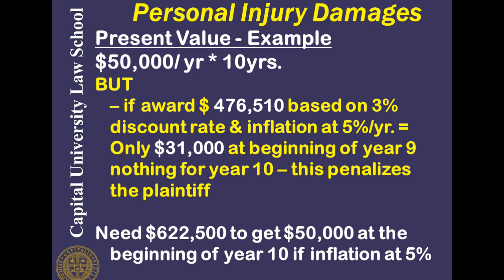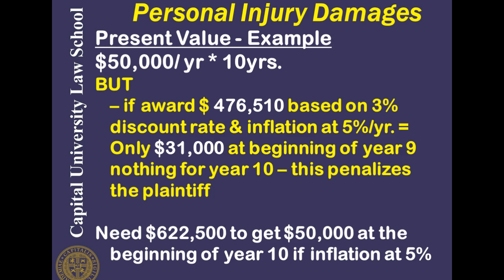In reality, they would need $622,500 to get to $50,000 at the beginning of year 10 if inflation is running at 5% and they can only invest their initial investment, the initial award, at 3%.